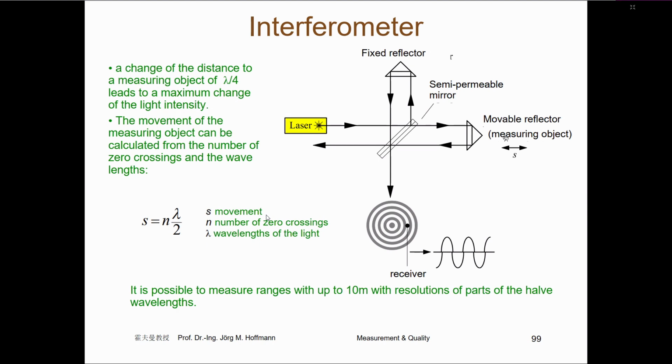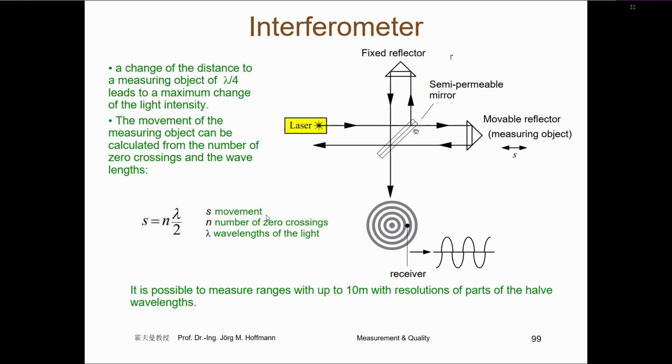With this reflector fixed, half of the beam goes into it, will be reflected two times and go back again to this mirror. And so this beam will again be split. 50% is going this way, 50% is going that way.